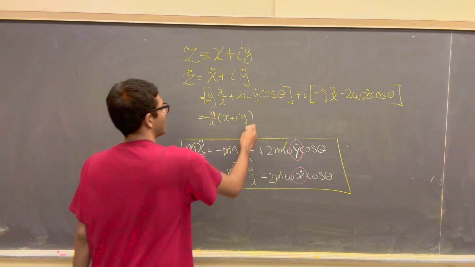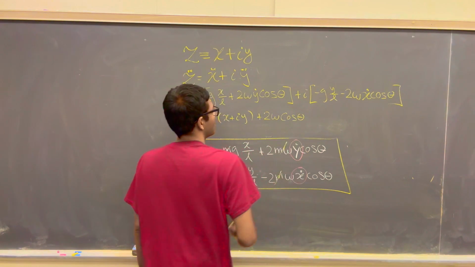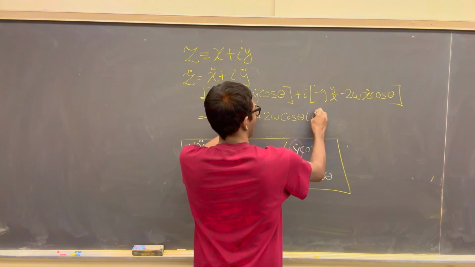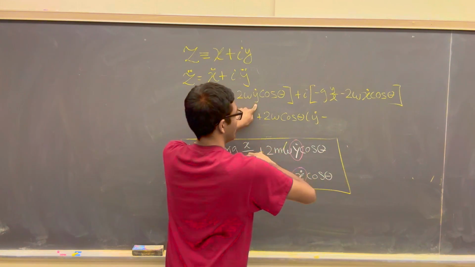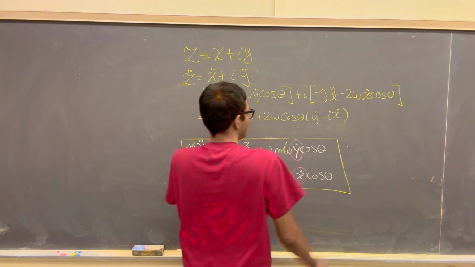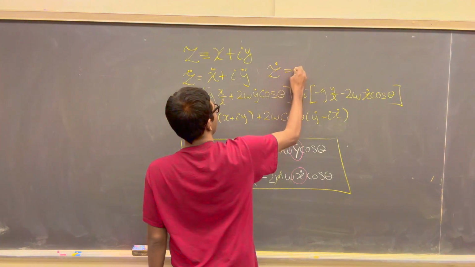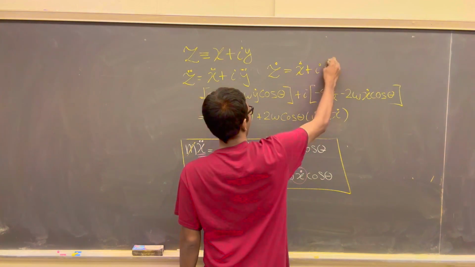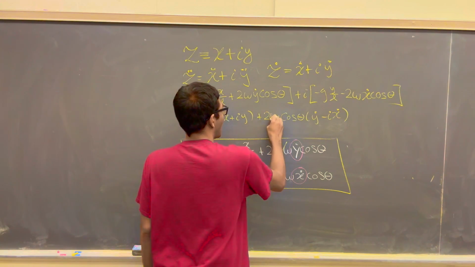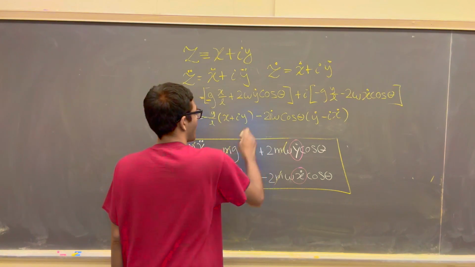Very good. And now I'm going to write my second term, 2 omega cosine theta. If I factor that out, I'll have y dot minus i x dot. Now that looks kind of backwards from z dot, which is x dot plus i y dot. So this is a little bit different than z dot, but notice if I introduce an i over here and make this a negative sign, what happens?